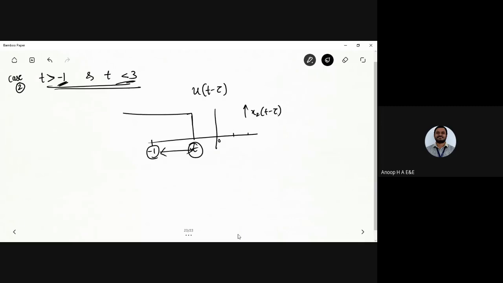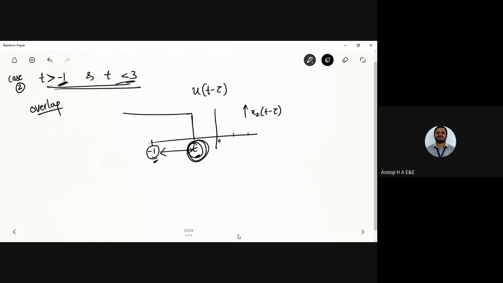The second case is from -1 to 3, but I have t as the limit there. I don't know what the value would be, so I generally take the signal value to be equal to t here. That is the second signal, t minus tau, so t greater than -1 to t less than 3. So you have the overlap found.